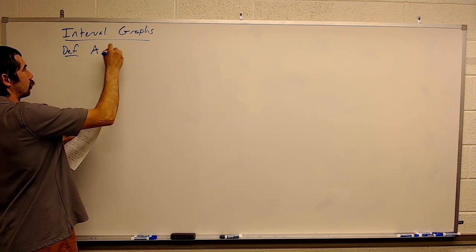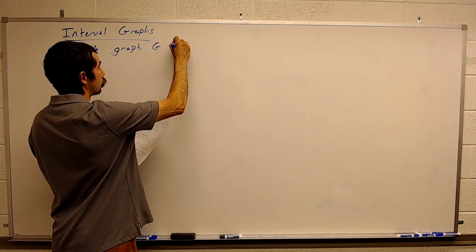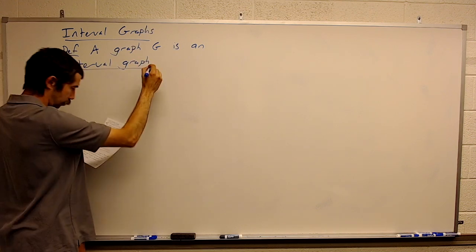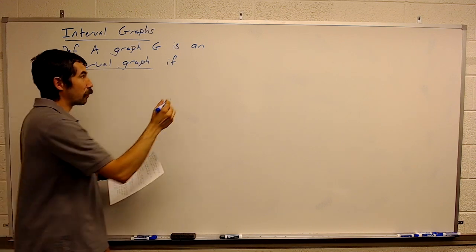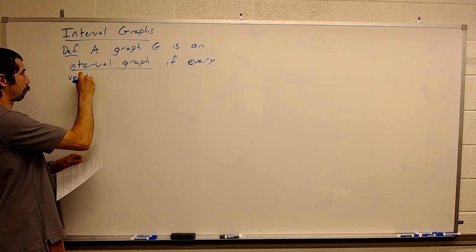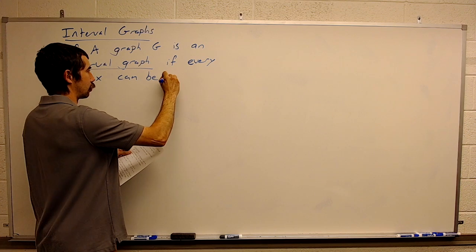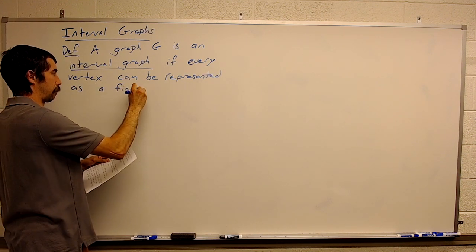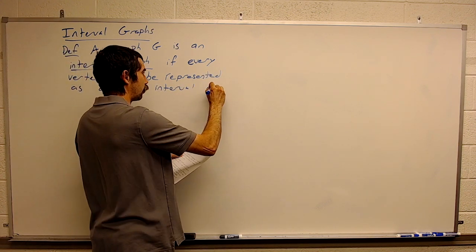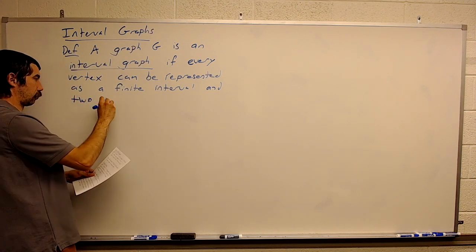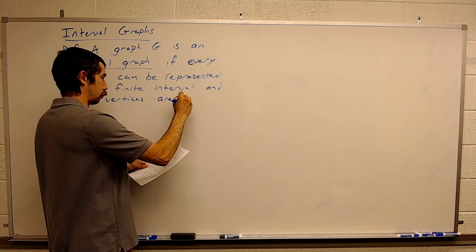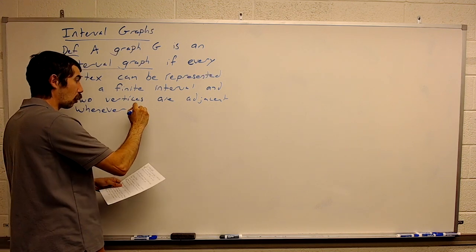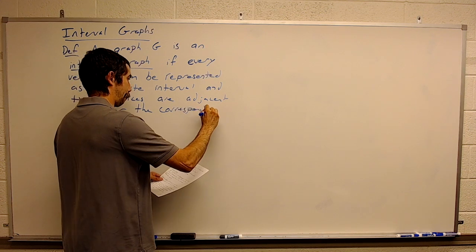All right, so a graph G is an interval graph if every vertex can be represented as a finite interval and two vertices are adjacent whenever their corresponding intervals overlap.